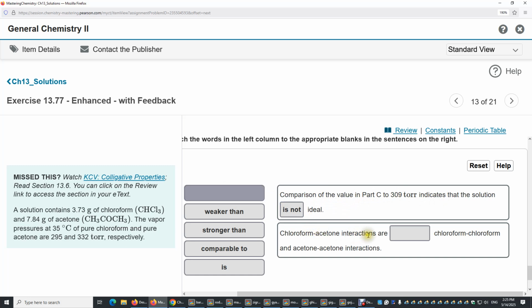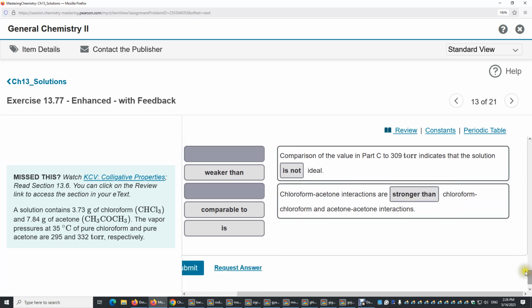Chloroform-acetone interactions are stronger than chloroform-chloroform and acetone-acetone interactions. And this interaction is attractive. Overall, it's attractive, and it's more attractive than between two chloroform or between two acetone. That additional attraction stabilizes the liquid phase for both chloroform and acetone, which further lowers the vapor pressure of both chemicals.